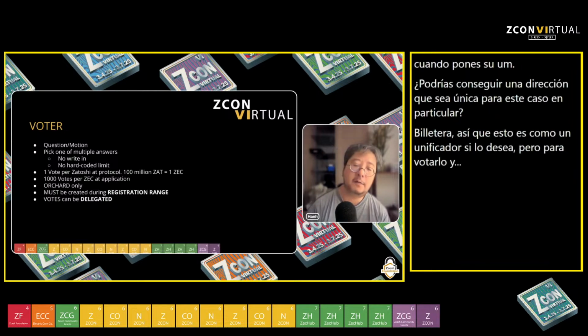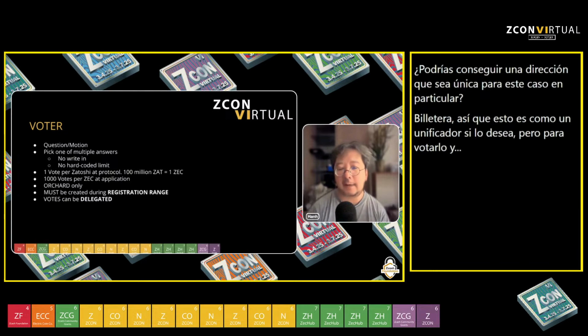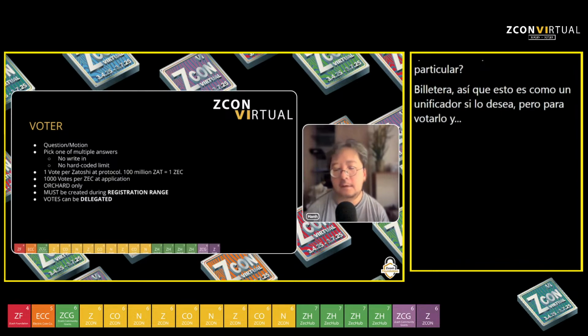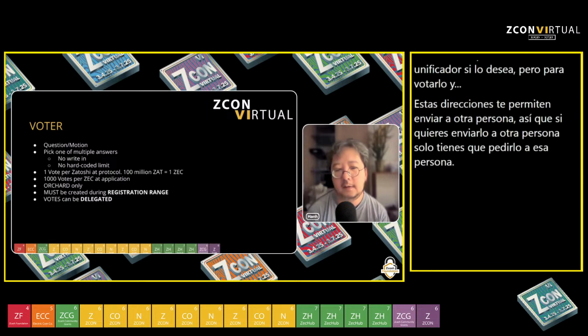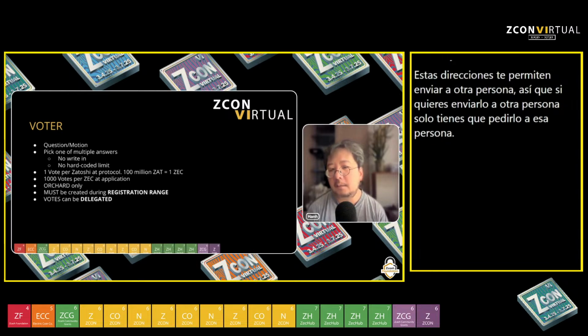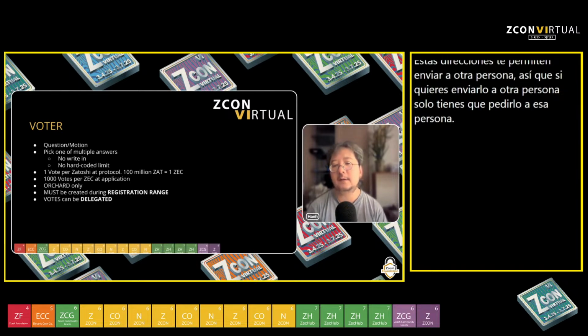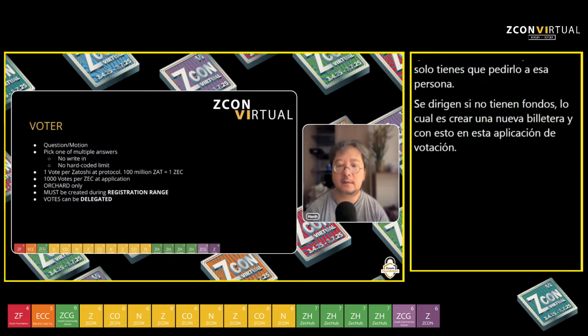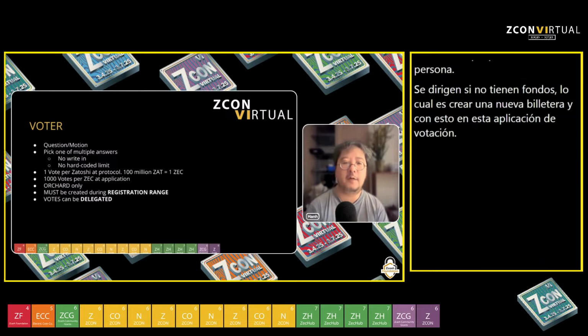So if you want to send it to somebody else, then you ask that person for their address. If they don't have any funds, they just create a new wallet in this voting app. The voting app would give them a voting address, and you just have to send them your coins, your vote, so that they have something to vote with.